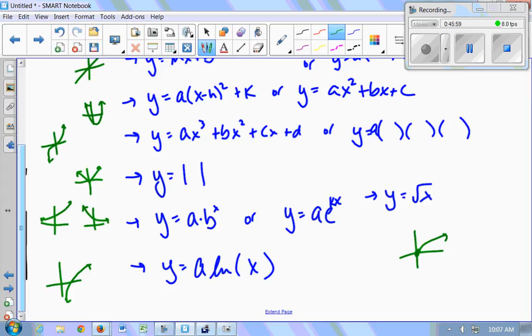All right. Oh, rational. Okay, we got another one. Fraction, right? Some polynomial over another polynomial, and the parents are like 1 over x.